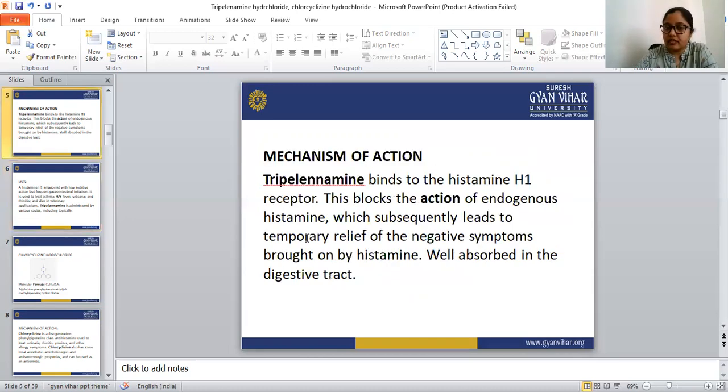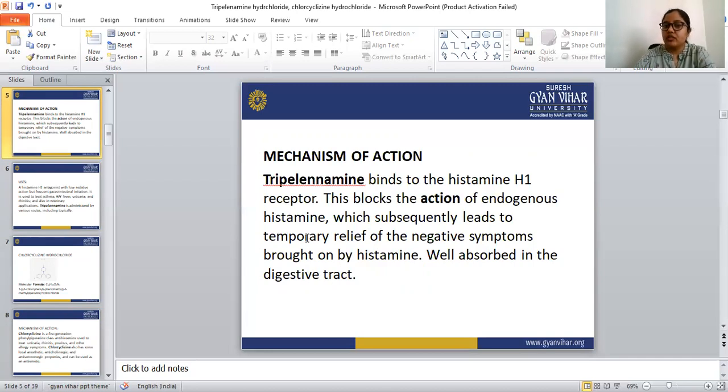So what is the mechanism of action? The mechanism of action of triplenamine is that it binds to the histamine H1 receptor, and that blocks the action of the histamine.